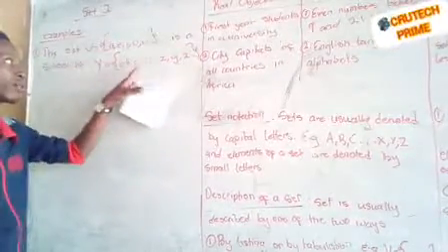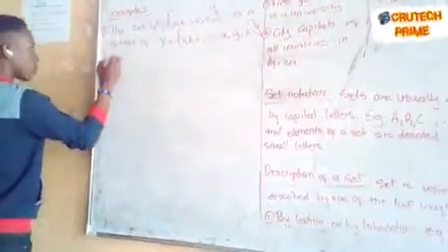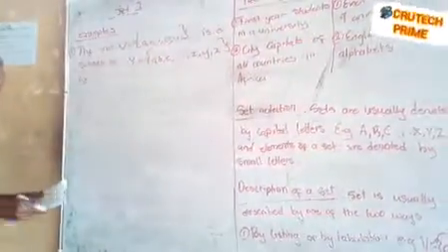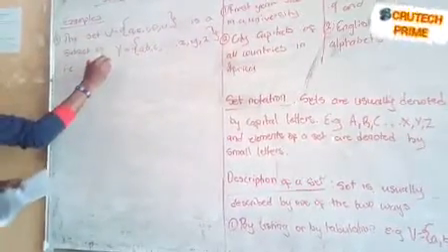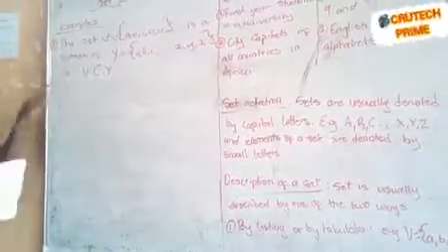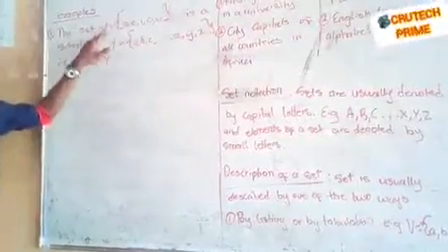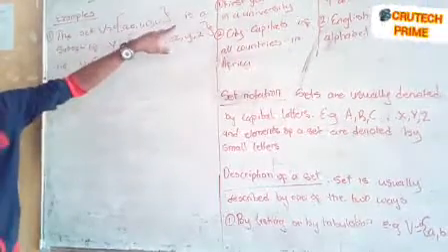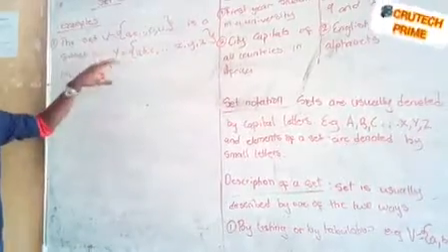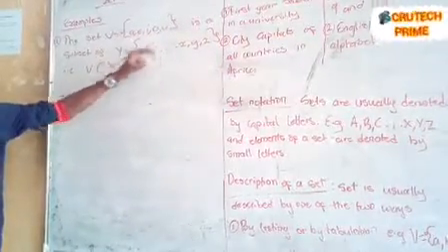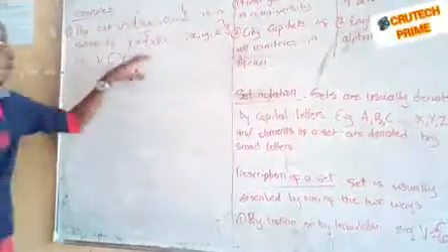That is, V is a subset of Y. What this means is that the elements in V, A, E, I, O, U, are contained in the set Y. We have A, B, C, D, E, F, G, H down to Y. So V is a subset of Y.